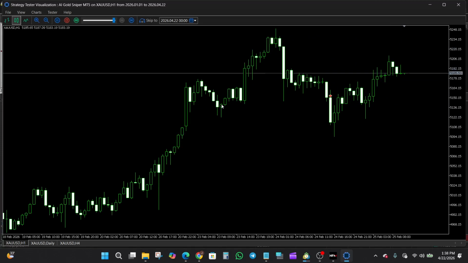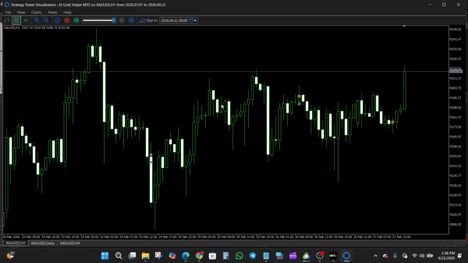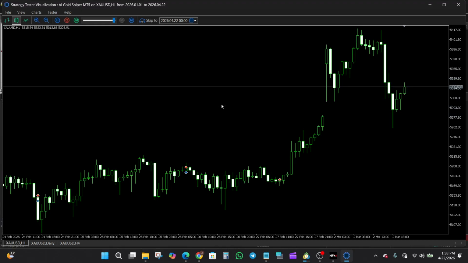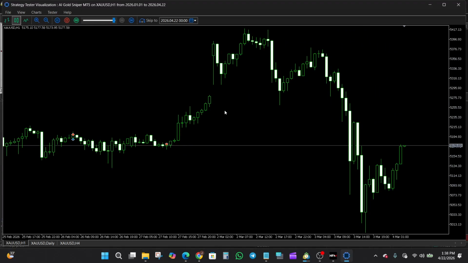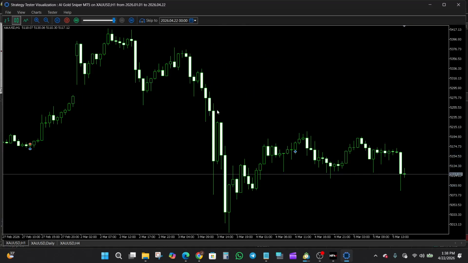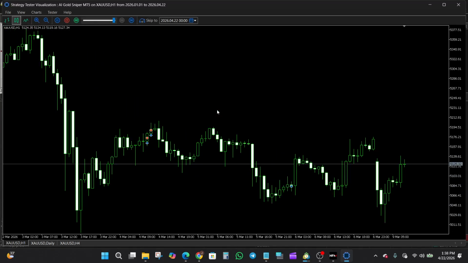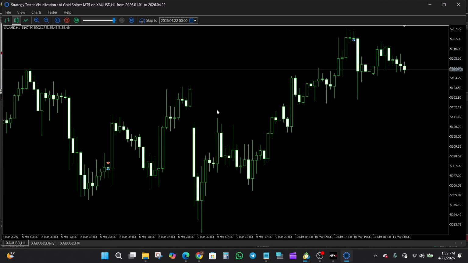It performs best when the market has clear directional movement, when trends are stable and sustained, and volatility is structured, not chaotic, and it struggles when the market is choppy or range bound, when price lacks clear direction or volatility becomes unpredictable, right? Because in those conditions, even well filtered entries can get stopped out more frequently.